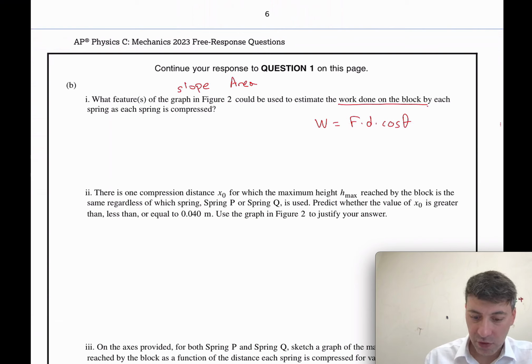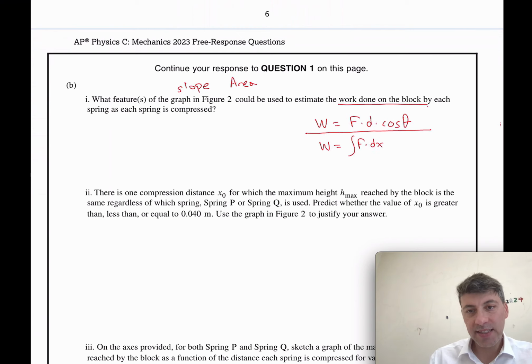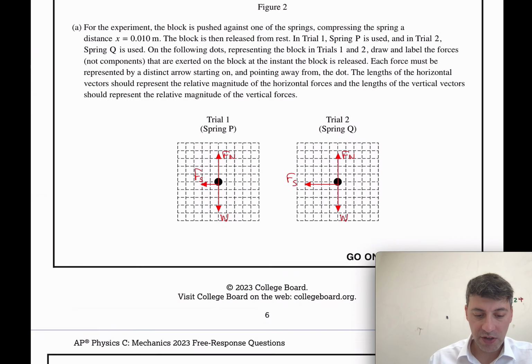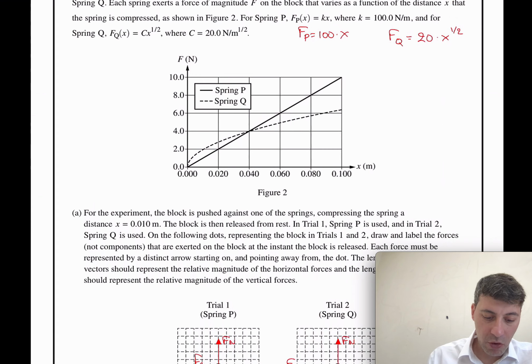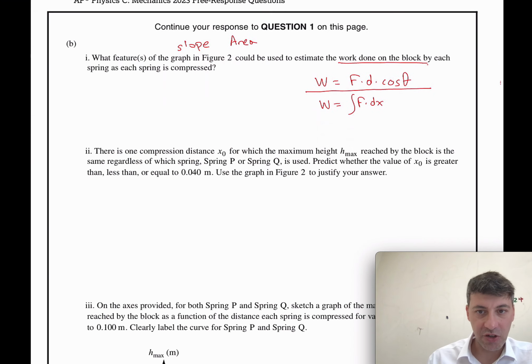For a non-constant force, there are two ways to find the work: either from the rule, integral of force times dx, or in this case, if we have a force versus position graph, then the work is equal to the area under the graph, which is the same as the integration.